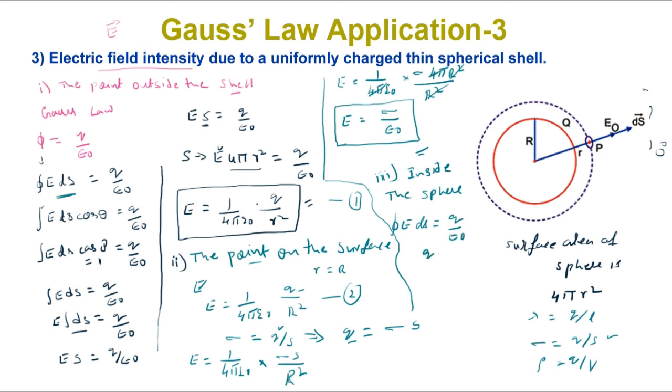Here the charge is equal to 0, so the outward flux E into dS is equal to 0. The third answer is 0.